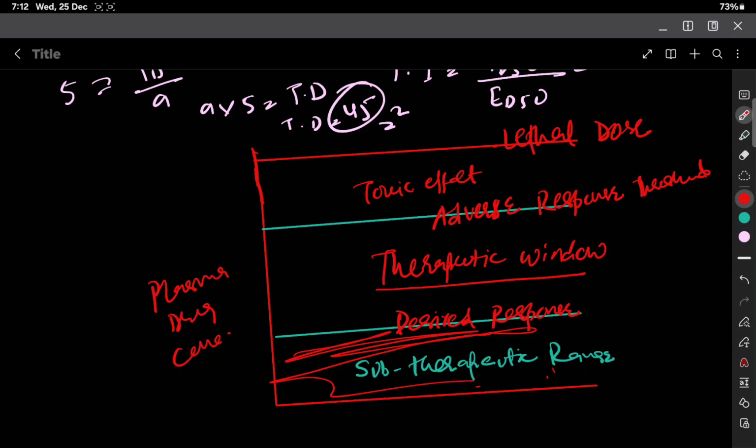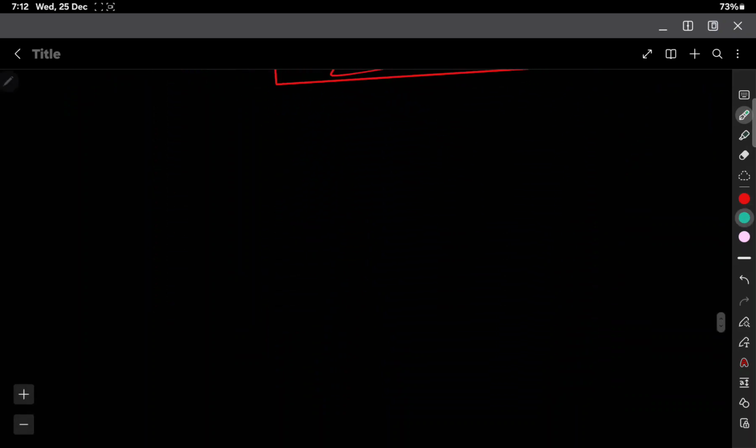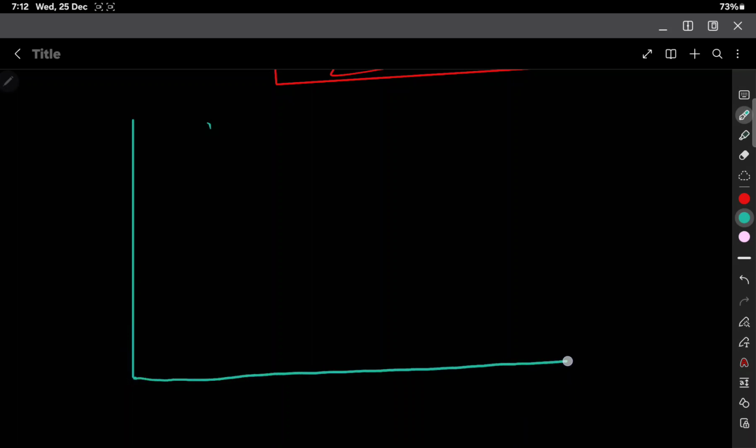Now the same thing can be explained by other graphs as well. One more thing which is important here. For example, on this side it's time in hours, and from this side it is plasma drug concentration.